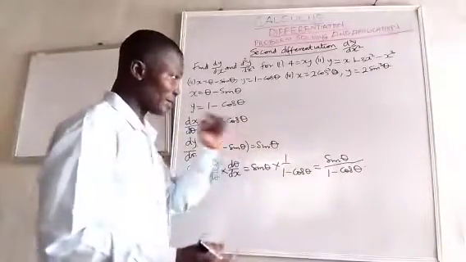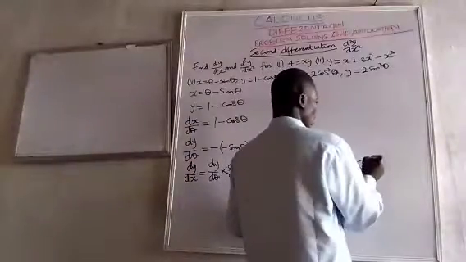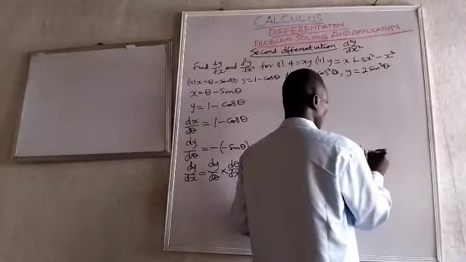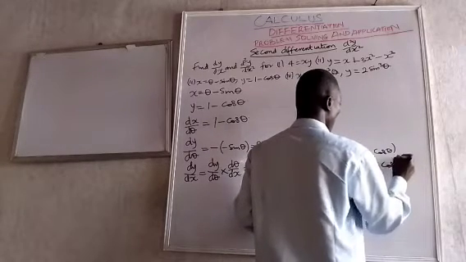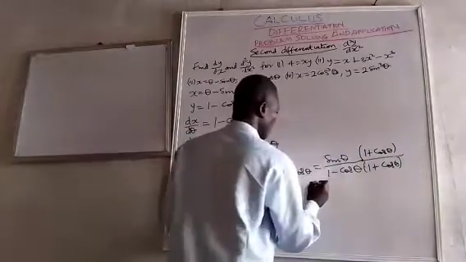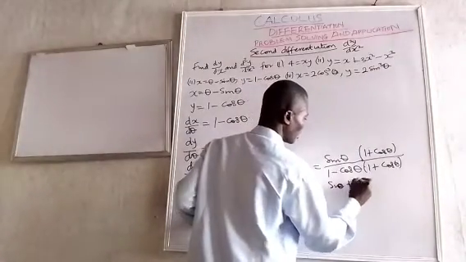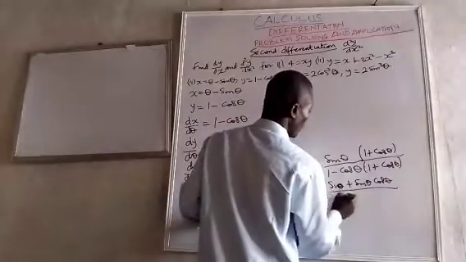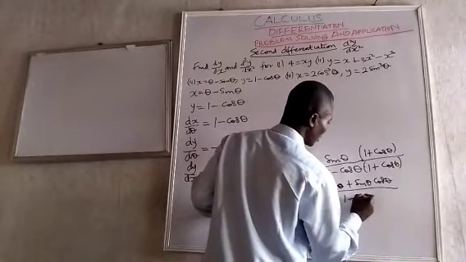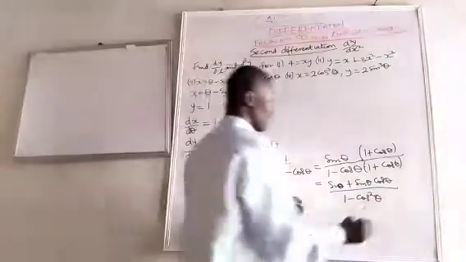And for me, I observe something. If I multiply this one by 1 plus cos theta, and this one by 1 plus cos theta, it gives me sine theta plus sine theta cos theta over 1 minus cos squared theta. So what does that give me?